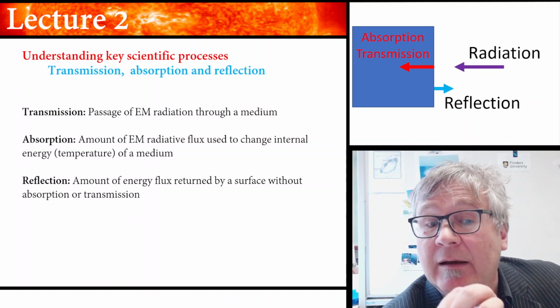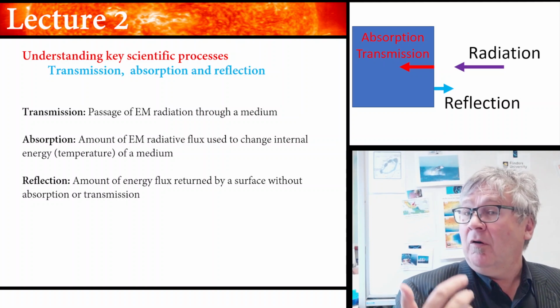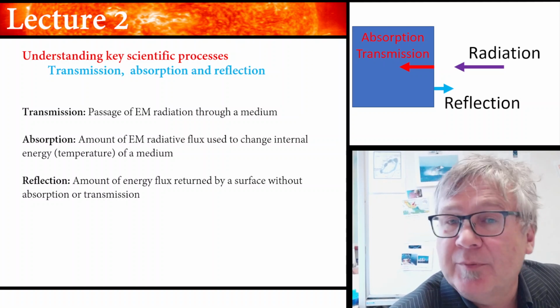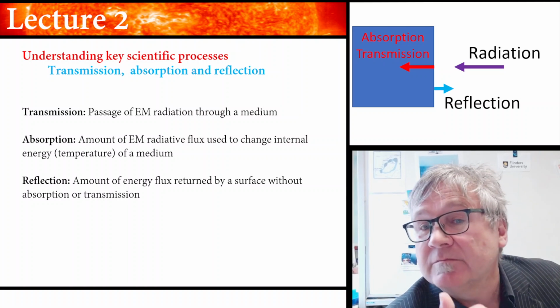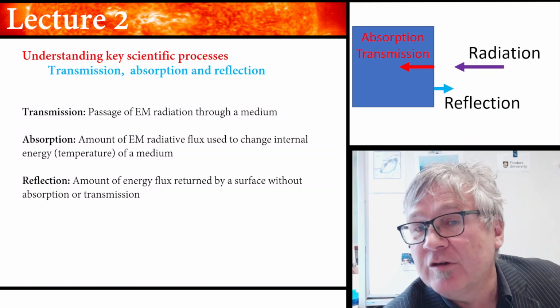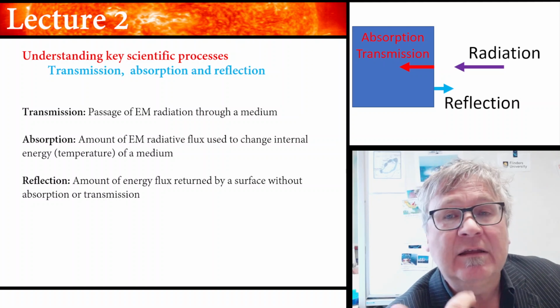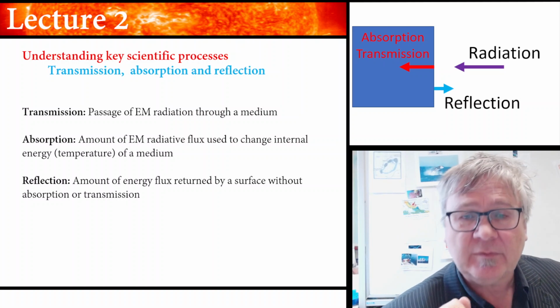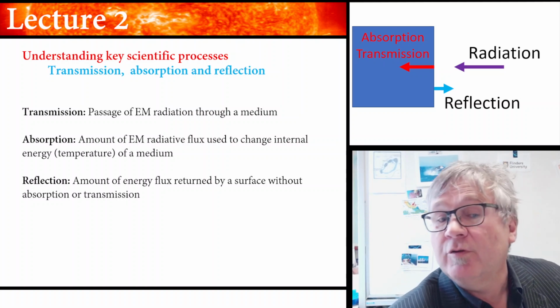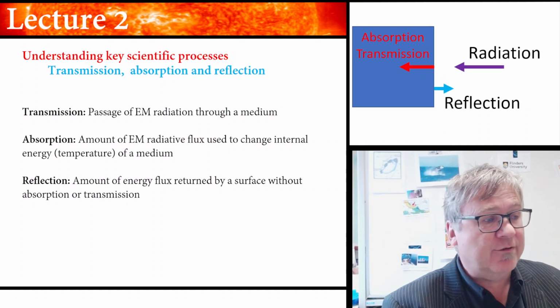Or absorption also by gases can heat up air. We already talked about the ozone layer. You could see that heating effect in the temperature structure. So it's really important to understand these three words.